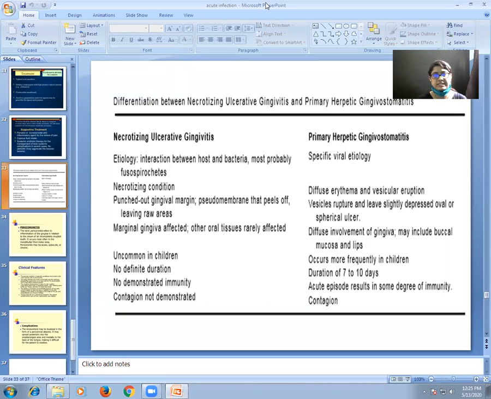Necrotizing ulcerative gingivitis is mostly not common in children, and herpetic gingival stomatitis is specifically associated with children, and the course of duration is 7 to 10 days.